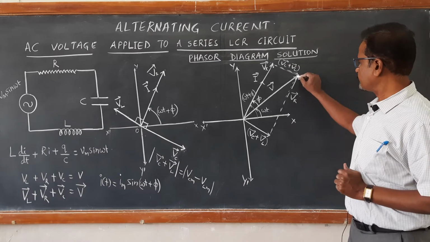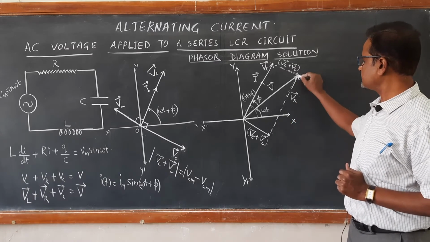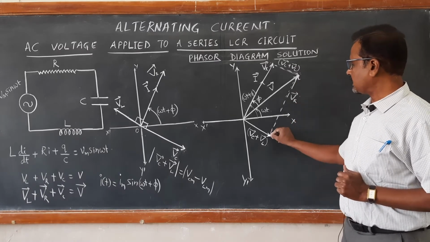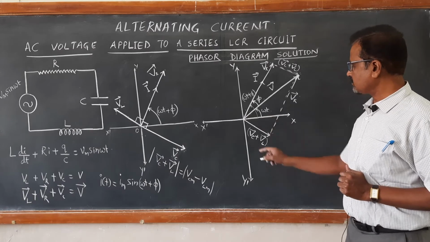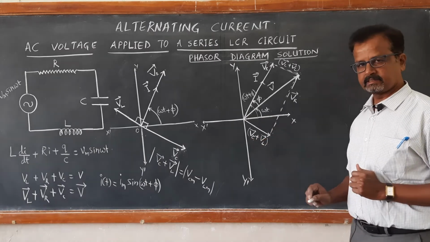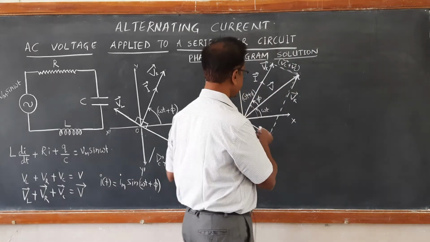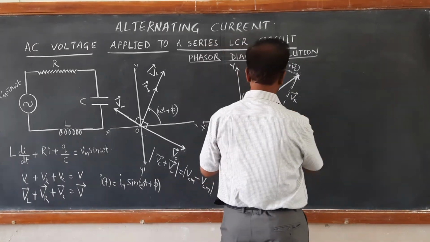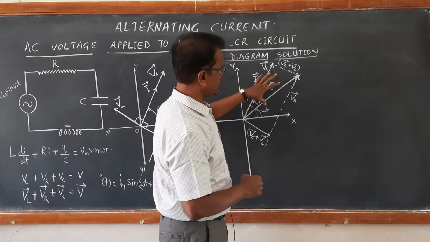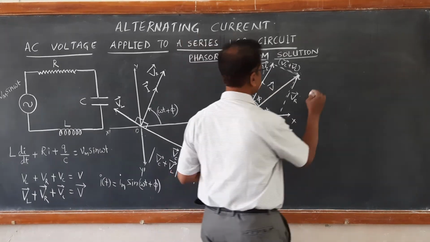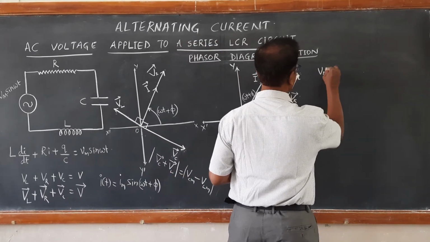One is the VR phasor, from here to here, and another one is the resultant of VC vector and VL vector. So using Pythagoras theorem we can find out the square of the hypotenuse, which is nothing but Vm square.